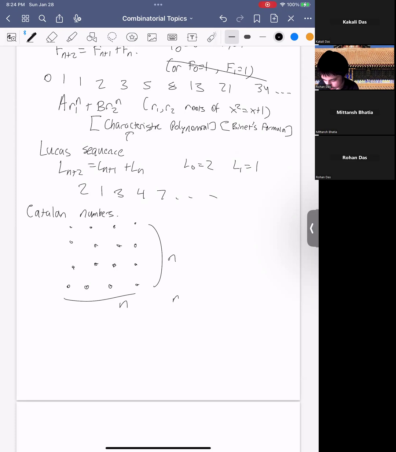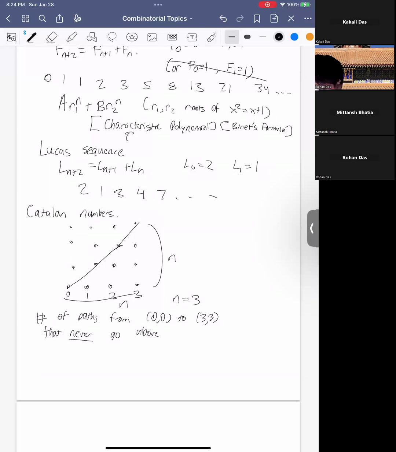Actually here n equals 3 because this would be 0, this is 1, this is 2, and this is 3. And we can think about the number of paths from 0, 0 to 3, 3 that never go above, and this is strictly above, so it can be on the diagonal, but they never go strictly above the diagonal.